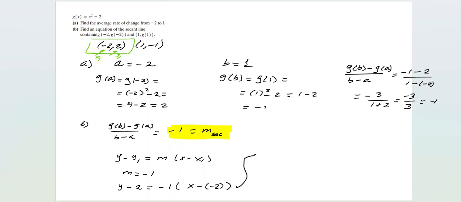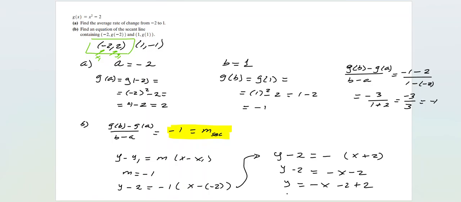So now we can say y minus 2 equals minus, then x minus negative 2 will be x plus 2. So we get y minus 2 equals minus x minus 2, right? Then we add 2 to both sides, so y equals minus x minus 2 plus 2. Minus 2 plus 2 is 0, so y equals minus x.